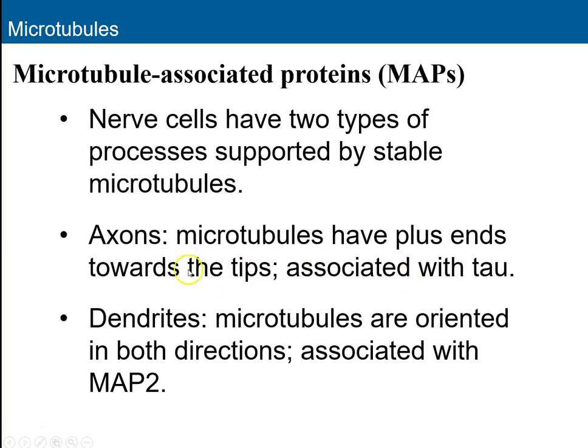In the axons, really most of the movement is going towards the axon terminal, okay? And in the dendrites, the microtubule-associated protein is MAP2. So tau is located in the axon, MAP2 is localized to the dendrites.